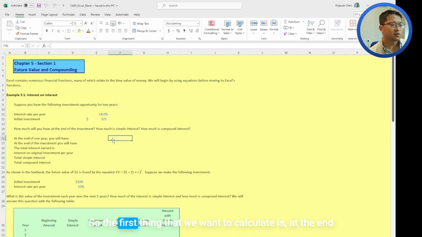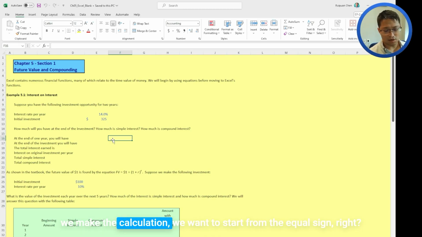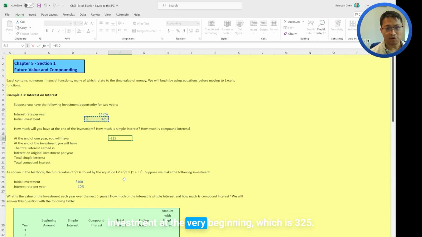So the first thing that we want to calculate is, at the end of year 1, how much money will you have? Whenever we do questions in Excel, when we make the calculation, we always want to start from the equal sign. And then we say, at the end of year 1, we will have how much money. We're going to start from how much we invested at the very beginning, which is $325.